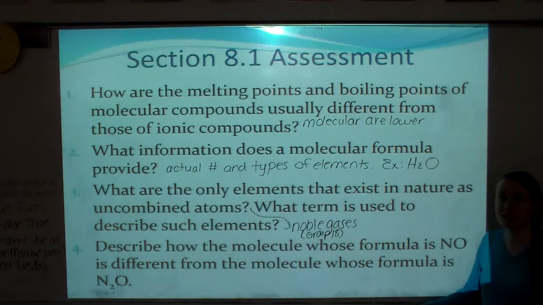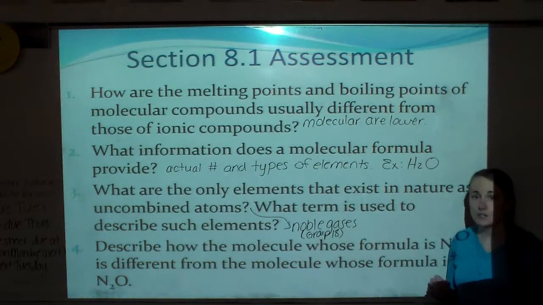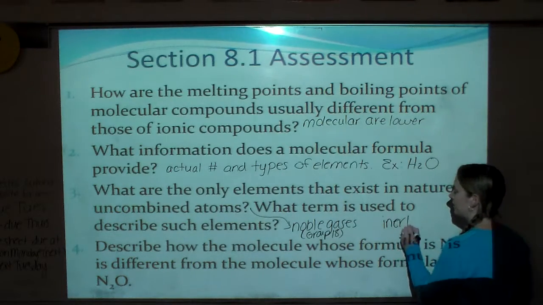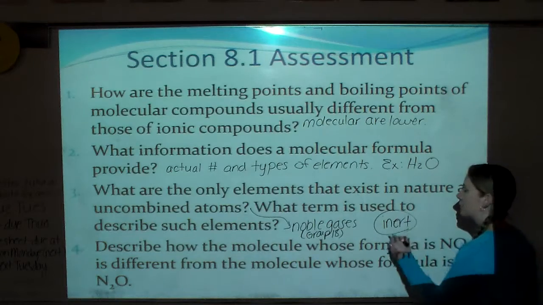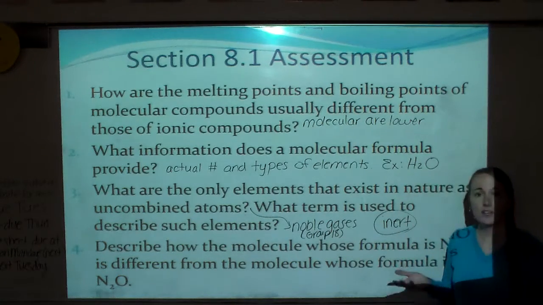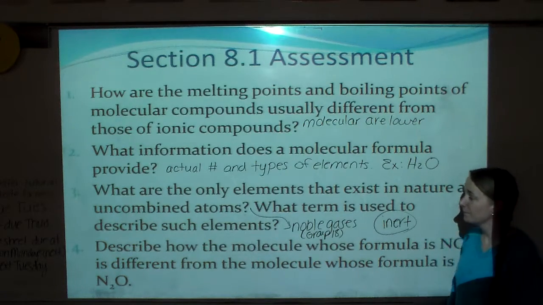They're already full, so they're uninterested in bonding. The term used to describe those, some people have heard of it before, some people haven't, is inert. Inert means unreactive. And so sometimes they're called noble gases, sometimes they're called inert gases because they don't want to react. They're already full, they already have an octet.